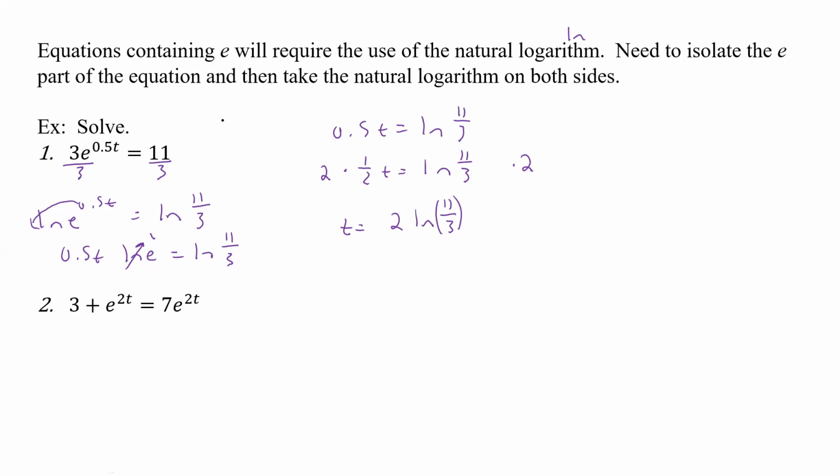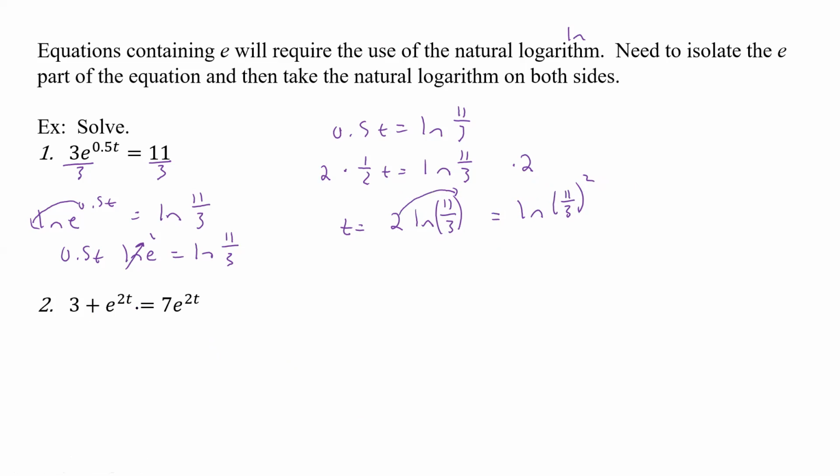Well, if we're using all the rules for logs, we would want to take that 2 up to the top. And so that would then be ln of 11 over 3 squared. That would be the key difference between these two: one is in the most simplified form, and this one has been reduced a little bit because we already took that 2 down. We want to condense this as much as possible, and that would be our condensed form.